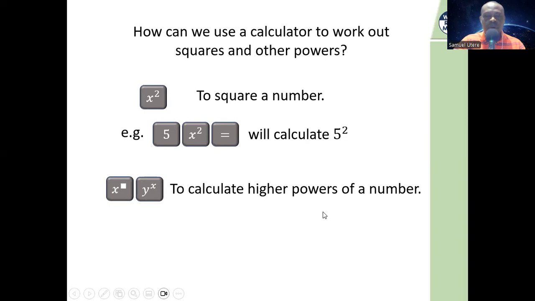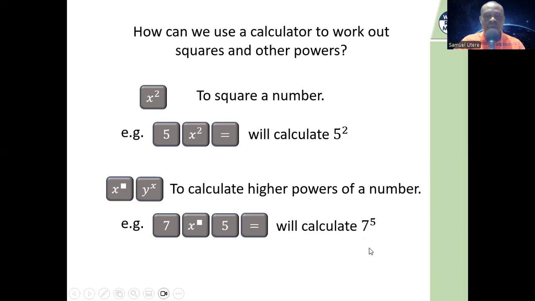So to calculate higher powers of a number, for example, 7 to the power 5, we type 7, we press this key, or for some calculators, this key, you type 5, which is the power, and then you press your equal key, and that calculates 7 to the power 5.